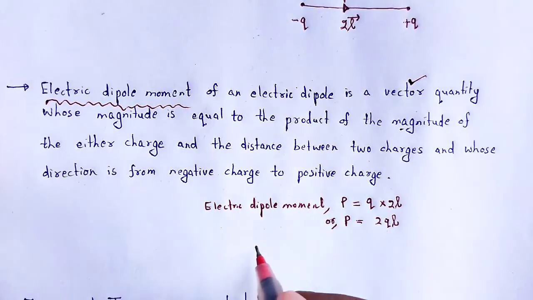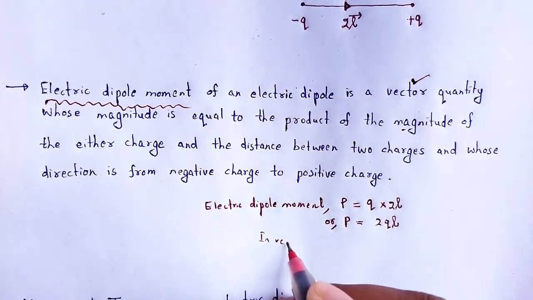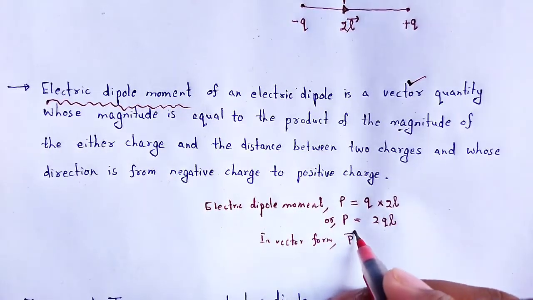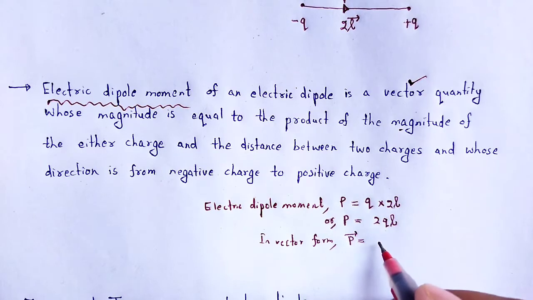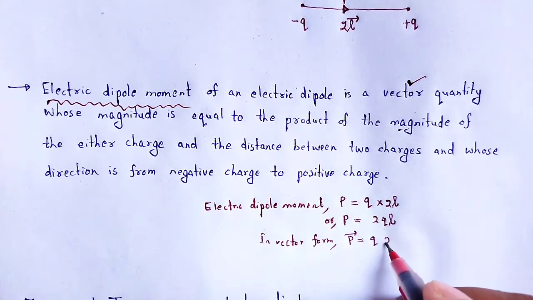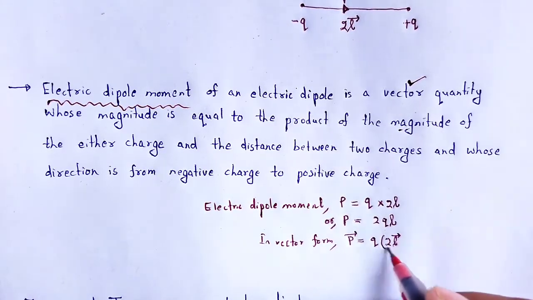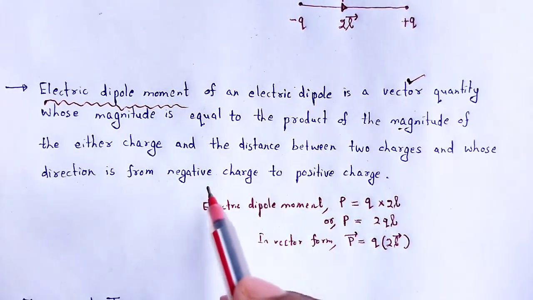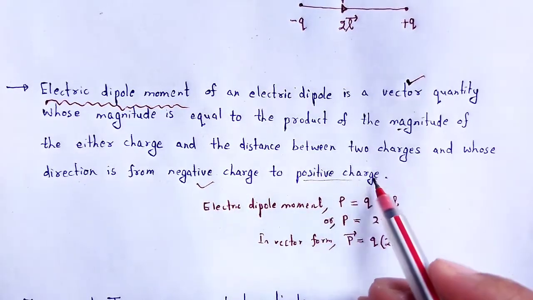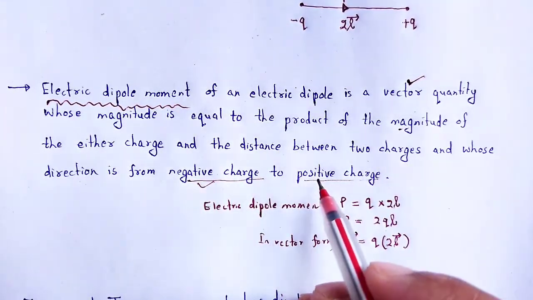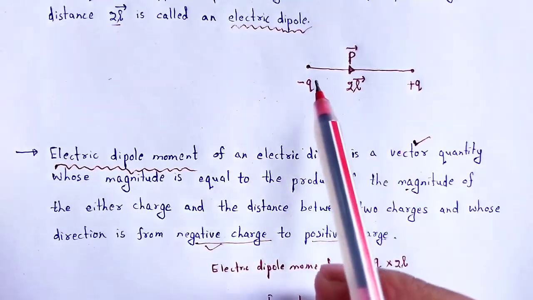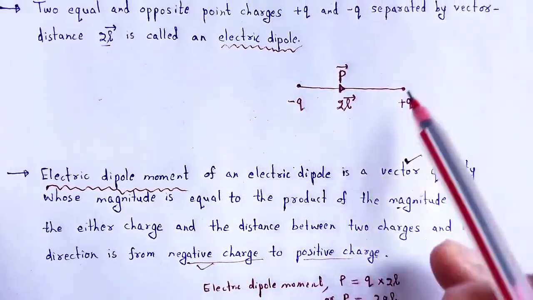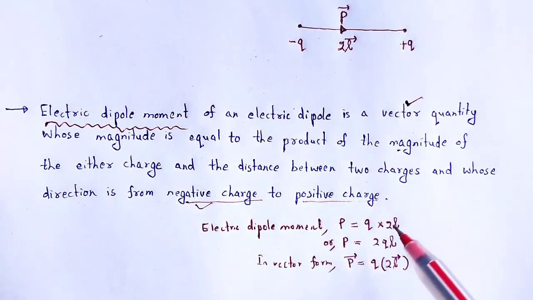But in vector form, P vector is q into 2L, and its direction is from negative charge to positive charge.